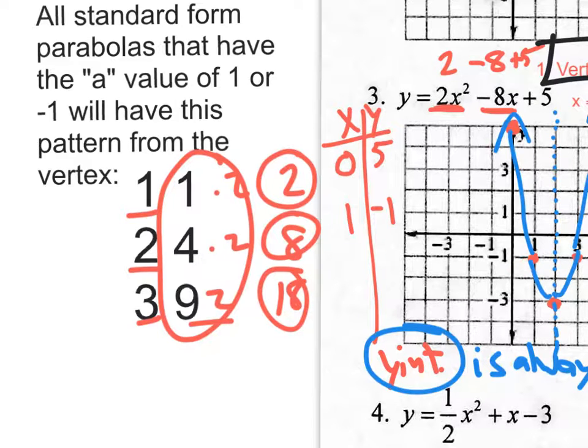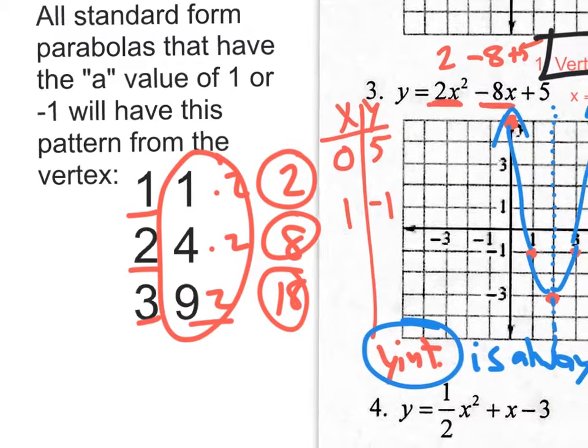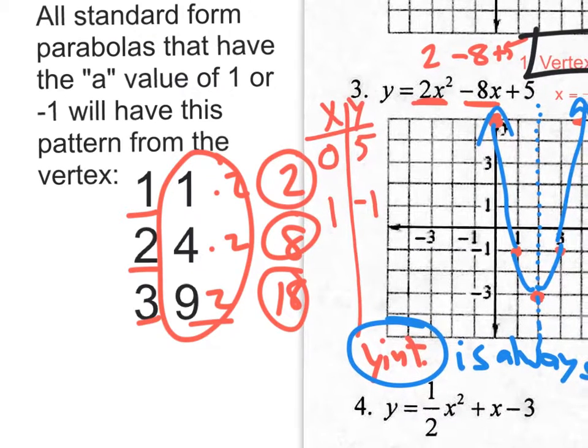Am I? No? Okay, so if we did take a look at this new pattern that's been modified by multiplying all these values by 2, from the vertex, if you go out 1 and up 2, you do get to that next point. If you go out 2, up 8, you go 2 this way, and 1, 2, 3, 4, 5, 6, 7, 8, you really do get to that next point.